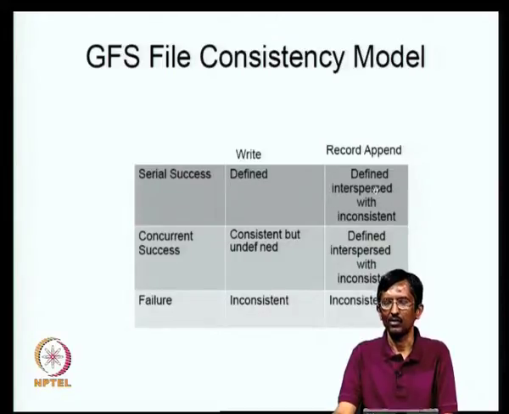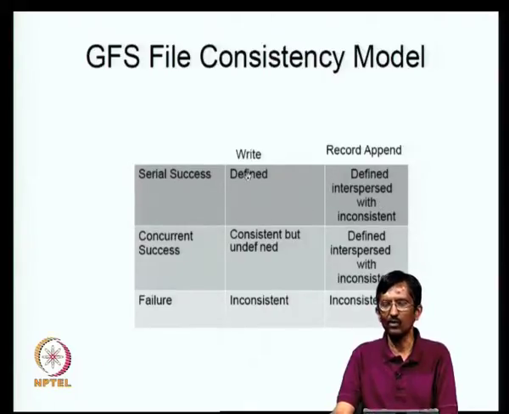Okay. So basically what happens is that you can have a record append going on, and some of the replicas don't get updated with the append because again of failure situations. So they might have different pieces of information, because there is concurrency.